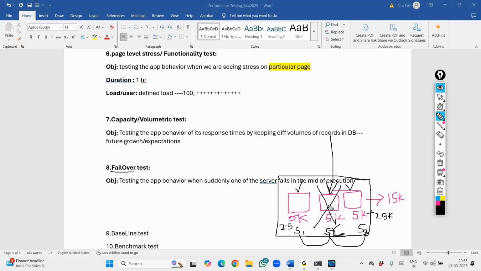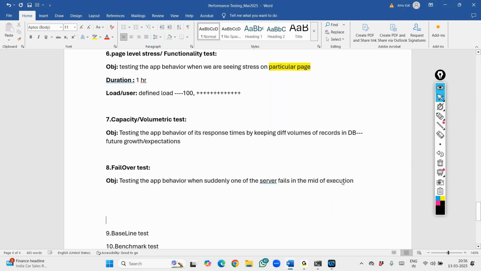Then in that situation, we will check the S1 and S3 behavior: how exactly they are performing, whether they are sharing the load equally, or whether they are struggling to handle the load that got shifted from S2. So here we are doing things intentionally. We fail it by closing one of the servers in the middle of our test execution. That is called failover.